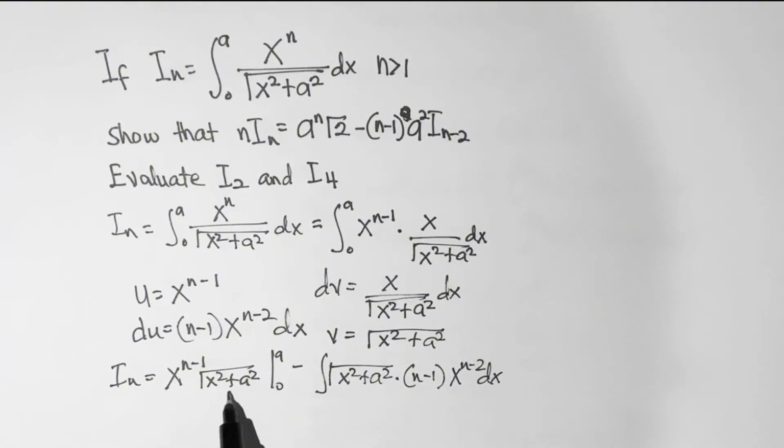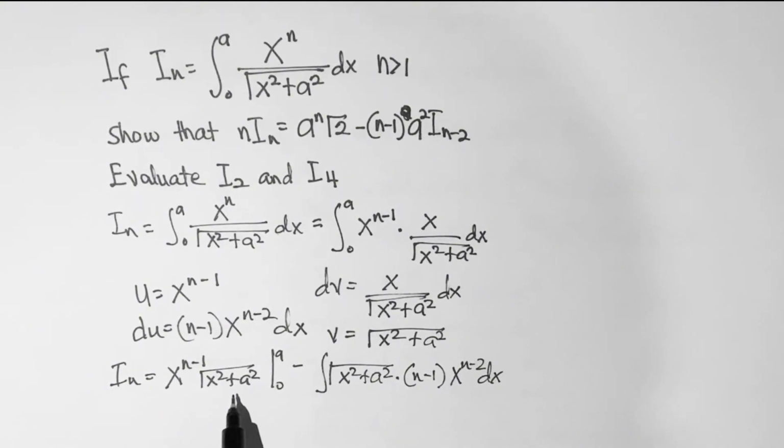Now if you put in a here, you see that here is a squared plus a squared, we will get 2a squared, and if you find the square root of that, you will get a root 2.